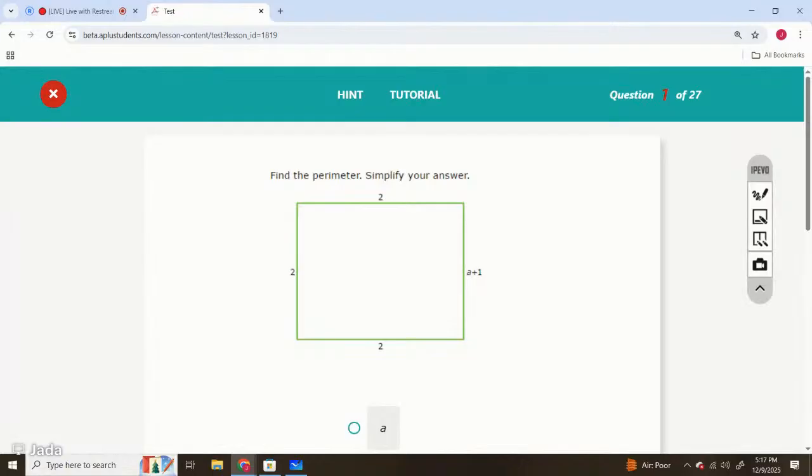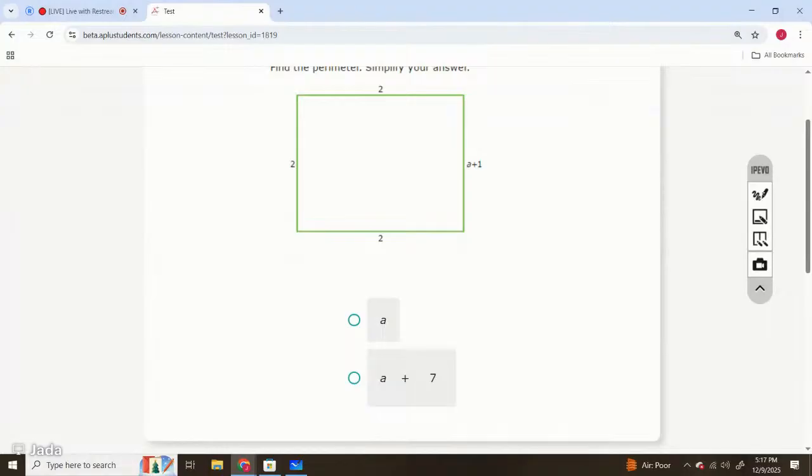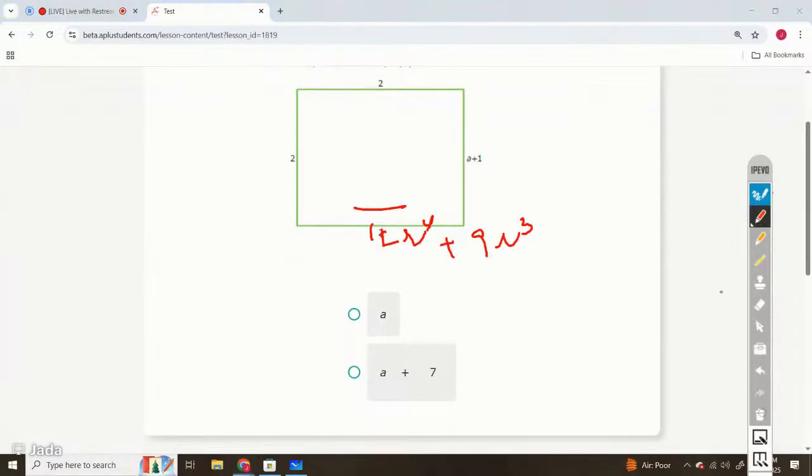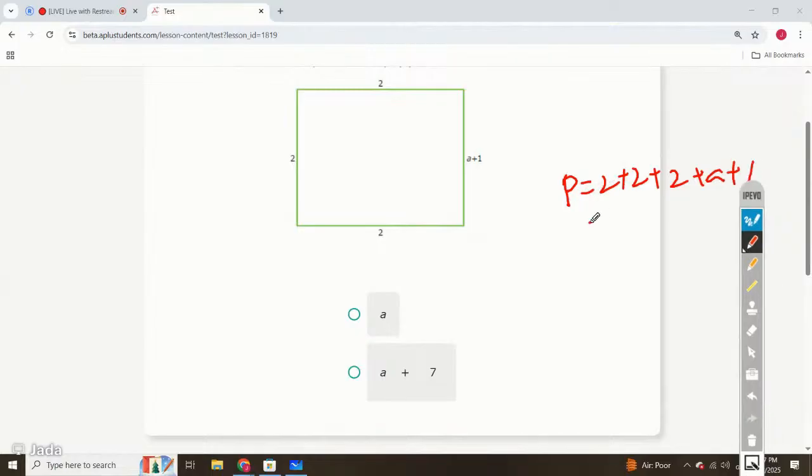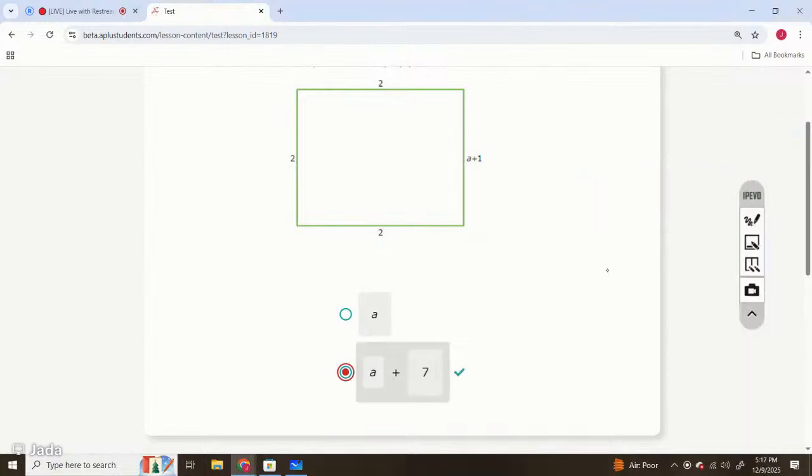Simplify your answer. For the perimeter, we need to add all the side lengths, right? That is 2 plus 2 plus 2 plus a plus 1. So that is a plus 7. The perimeter of the figure is a plus 7. Option number 2 is the correct option.